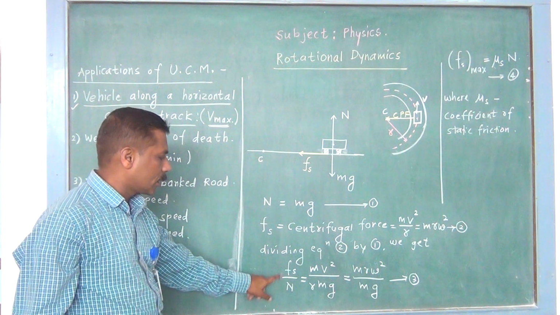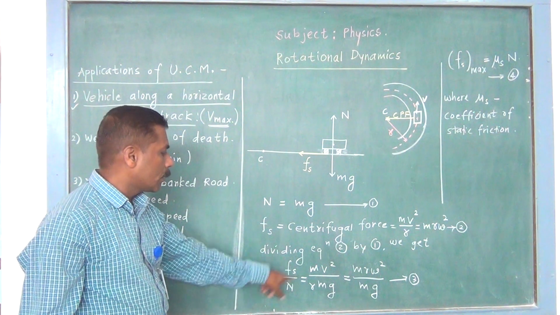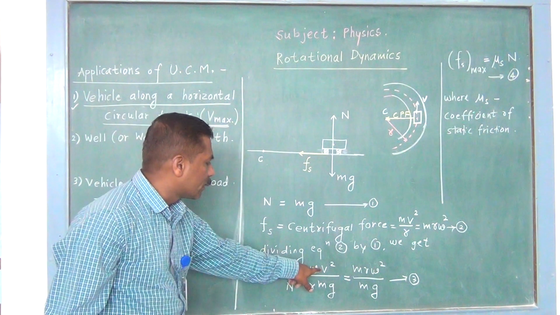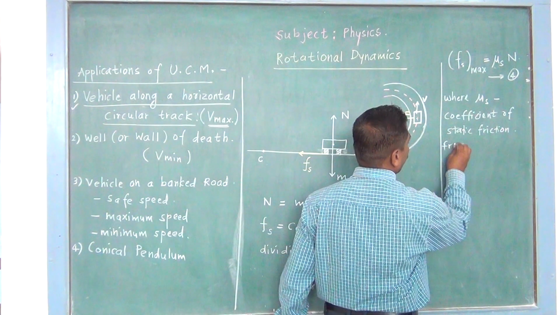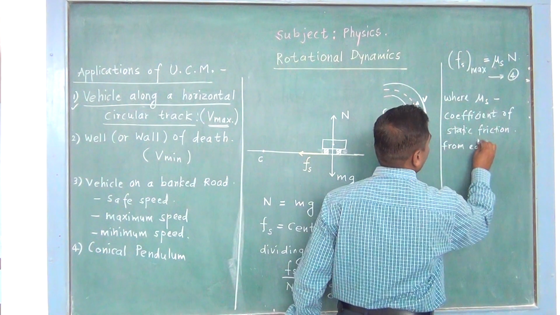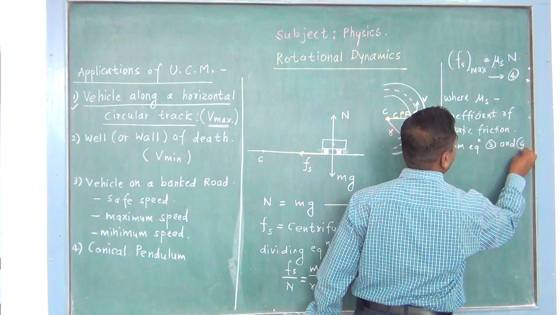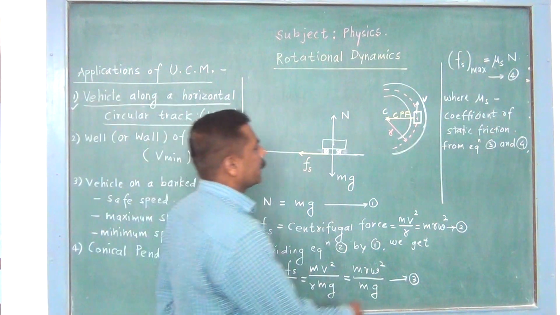The first ratio I will make equal to mu s, and here we can write Fs max and here Vmax. From equations 3 and 4, what can we write?